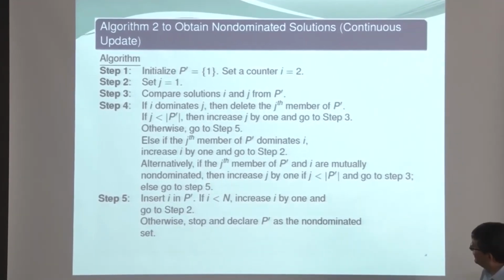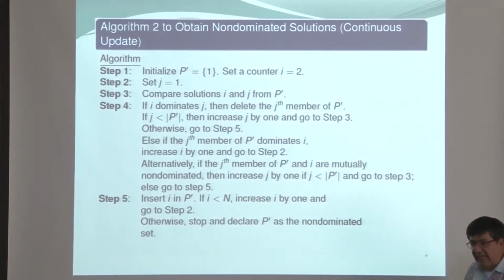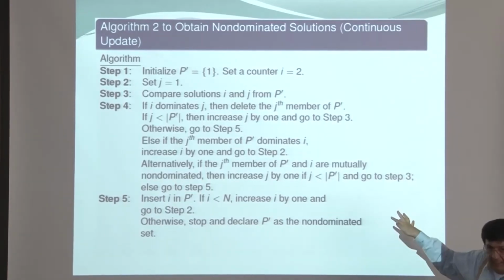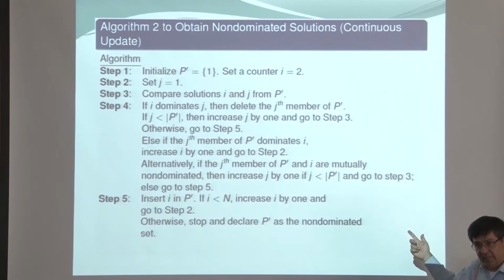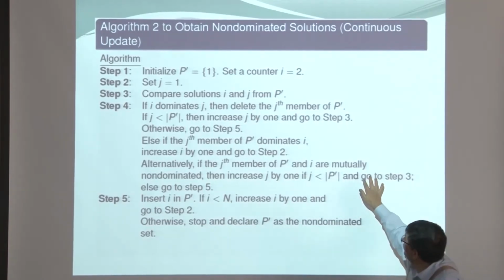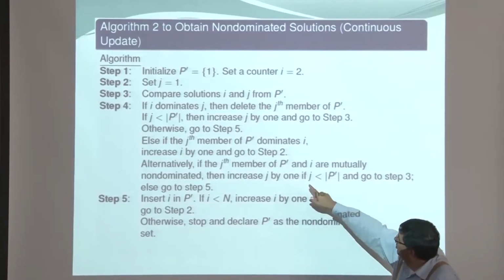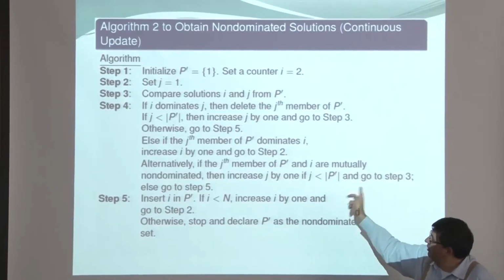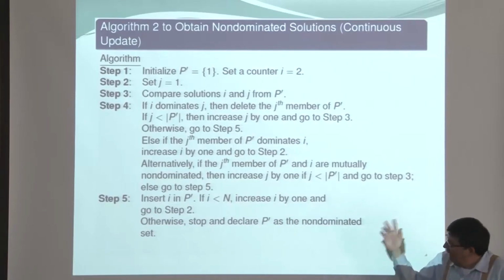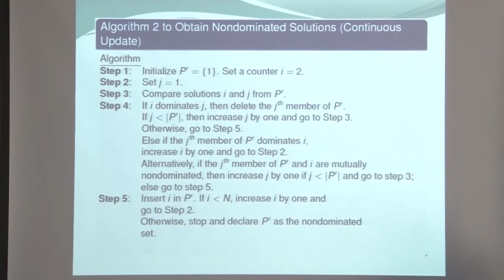The step that, if I remember well, my student added, because you have Kalyanmoy Deb's book, and this algorithm is called continuous update in the book, he doesn't include this step. What happens if the J member of P prime and I are mutually non-dominated? This is sort of assumed in the algorithm. That is a trivial case, but some people get confused with this.